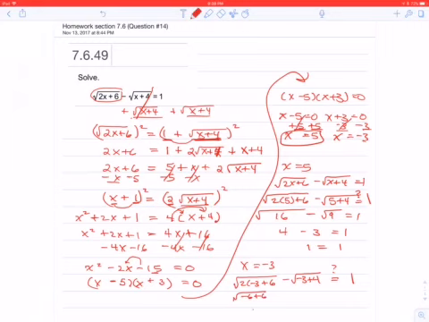And the square root of 0 is 0. Negative 3 plus 4 is 1. So the square root of 1 is 1. Well, 0 minus 1 does not equal 1. So we would have to throw that possible solution out.